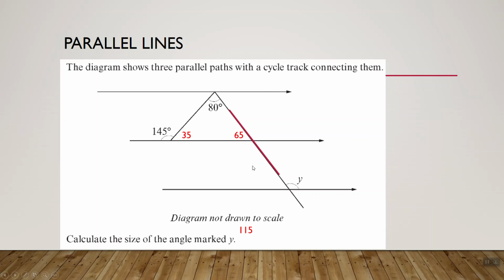So if I take that away from 180, it gives me this angle. And then I've got the Z. So if that's 115, Y is also 115 degrees. So the angle Y is 115 degrees.